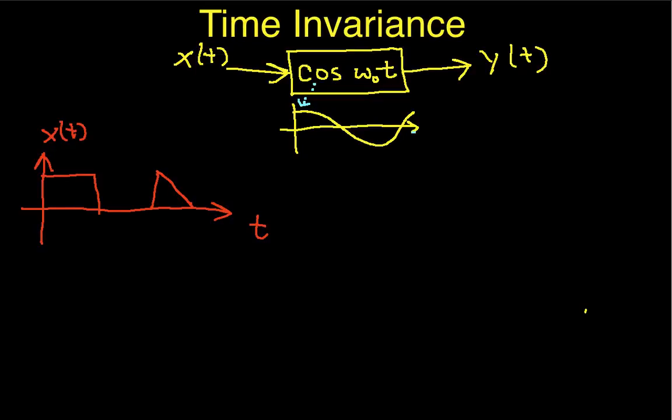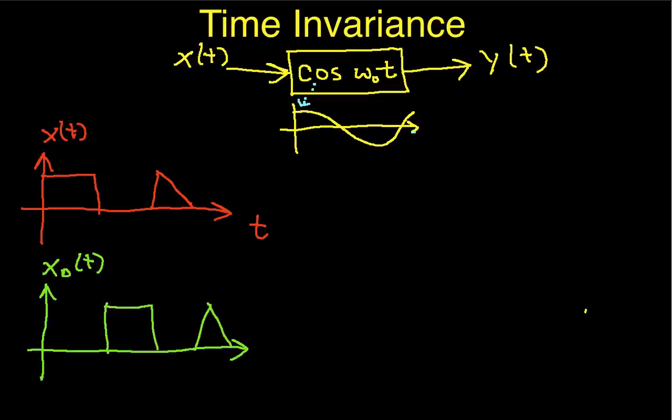And we're going to take this delayed version x sub d of t and run it through. Okay, so again, our system takes its input and multiplies that input by cosine omega 0 t.